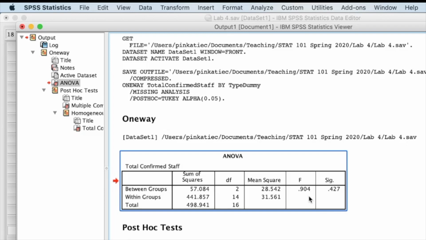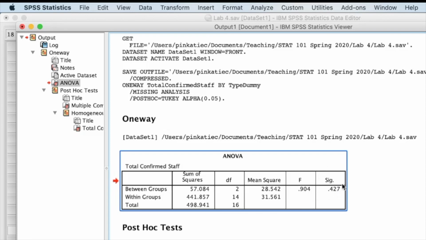So there's no extra variation due to the group assignment, due to being in one of the groups. So as you can see, our F value is less than 1.